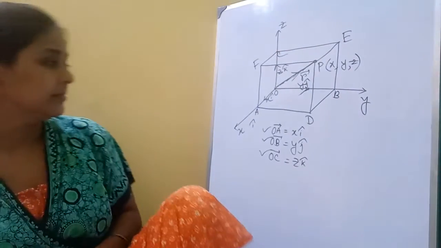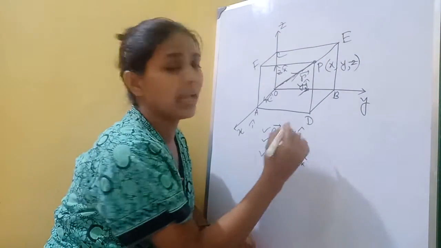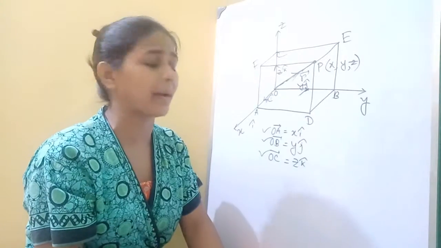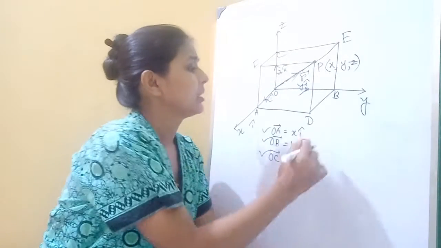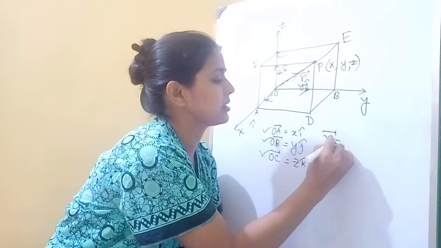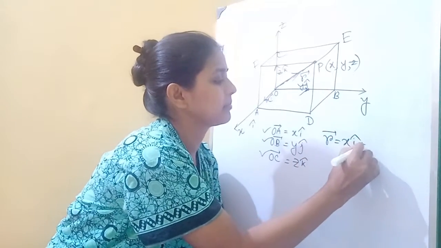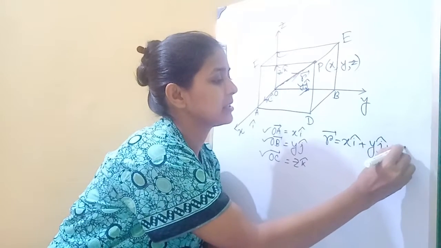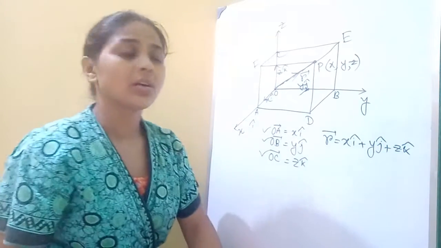Okay. And it can be easily proved by Pythagoras theorem and all. Here this is the resultant. So r vector is equal to x i plus y j plus z k.